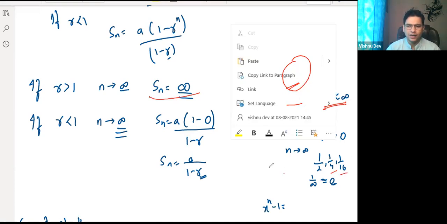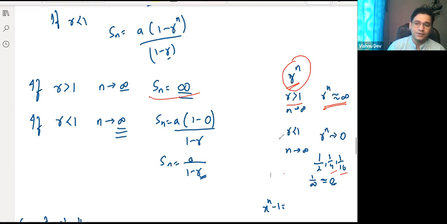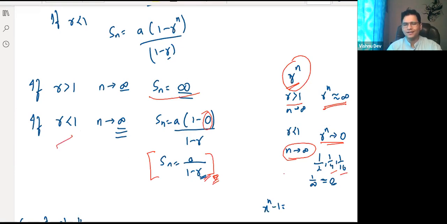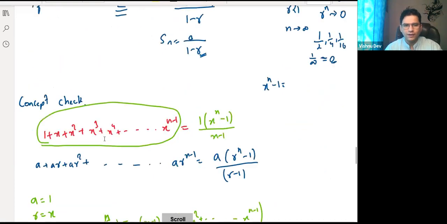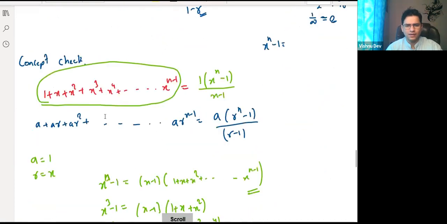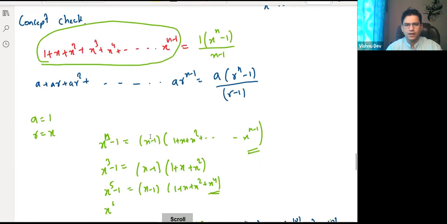So can I say that after n times, it will be almost equal to 0? So this term will become 0, and the sum will be a by 1 minus r. This is the sum of GP where r is less than 1 and you are finding the sum for infinite terms. We saw an example of this; this is what we have covered in the last class.